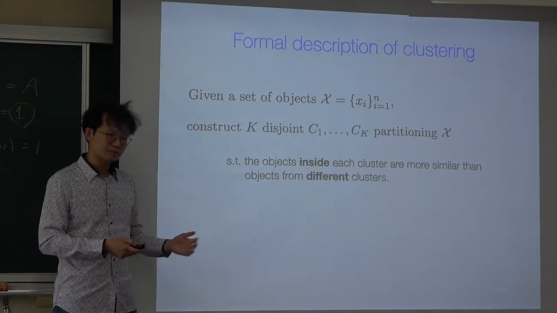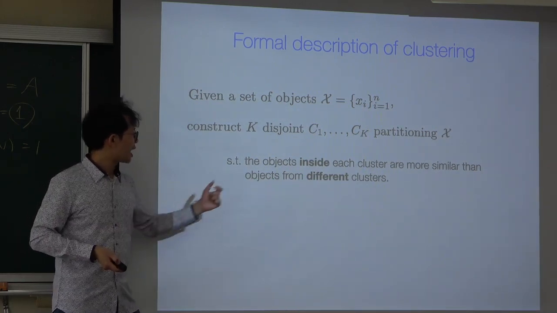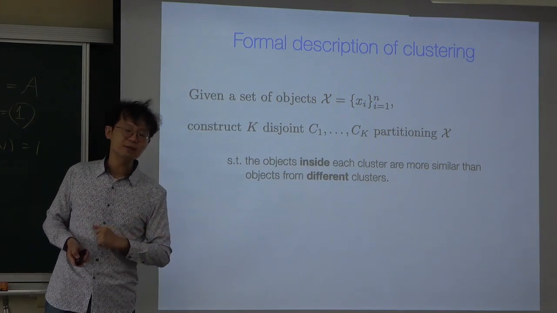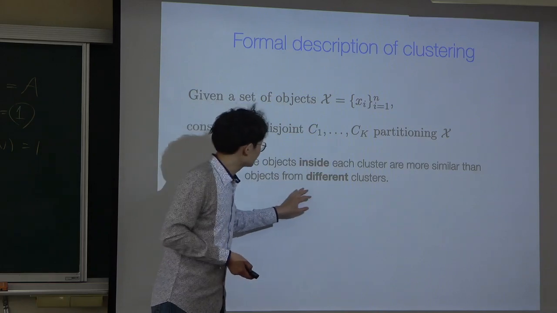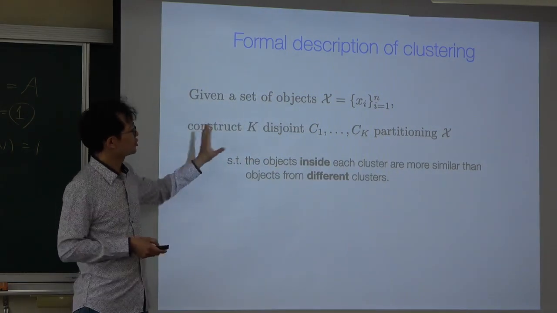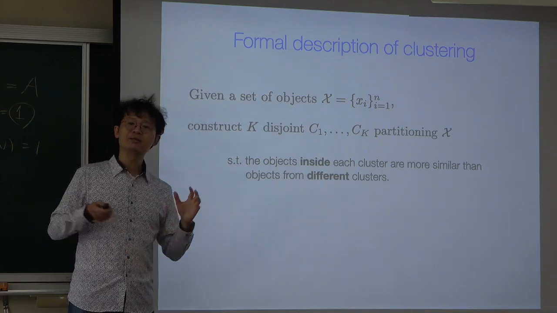And the constraint says the following: the objects inside each cluster are more similar than objects from different clusters. That would be the constraint. So far it's still a bit vague, but you can see the idea.